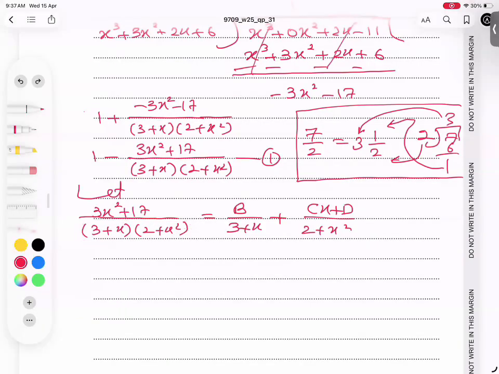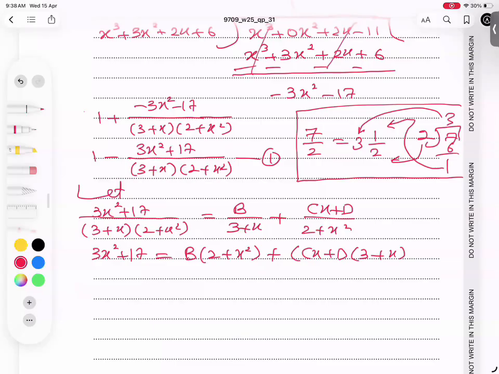When I multiply with this, the complete factors will cancel out. I will get 3x squared plus 17. When I multiply with this, this will cancel, and this will stay beside b, so b times (2 plus x squared). And when I multiply with this, this will cancel with this, and this multiplies with that. So I hope the point is clear: (cx plus d) times (3 plus x).